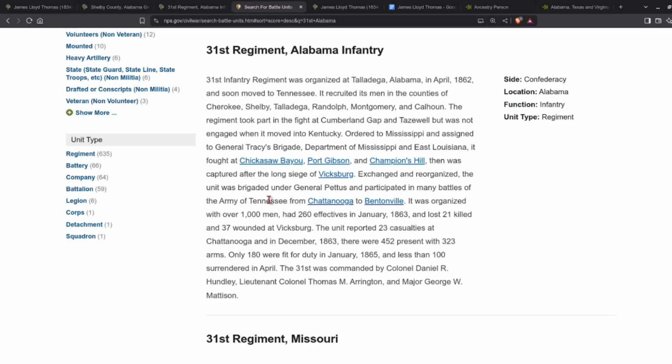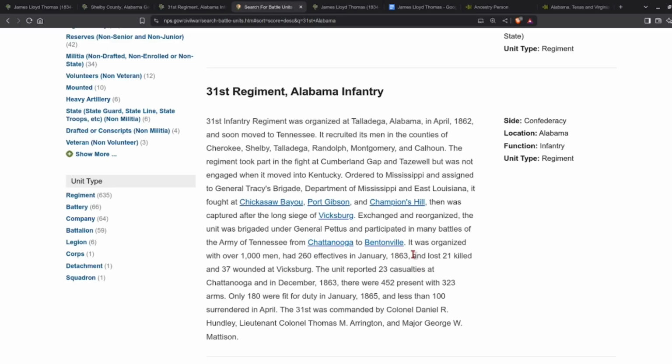So that's probably when he ended up in Company C, and then was involved in the Battle of Chattanooga to Bentonville. And it says it was organized with over 1,000 men, lost 21 killed, 37 wounded at Vicksburg, and so on. So we'll just take note of that and see what we can find out by looking for his military packet.